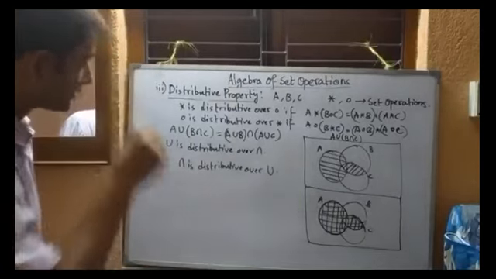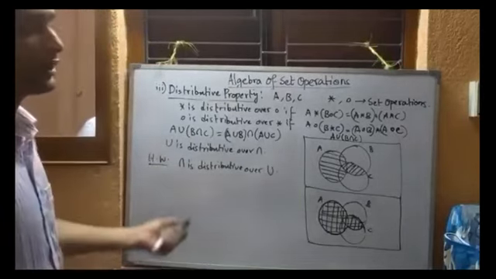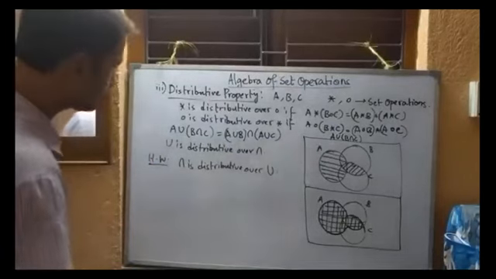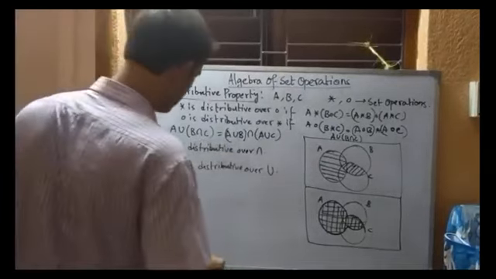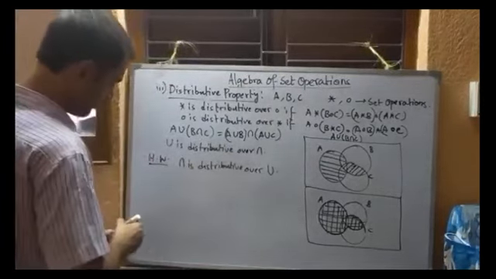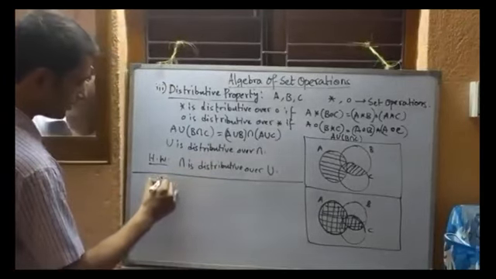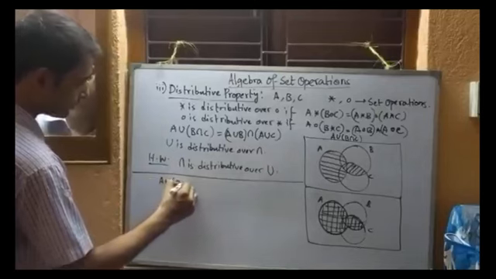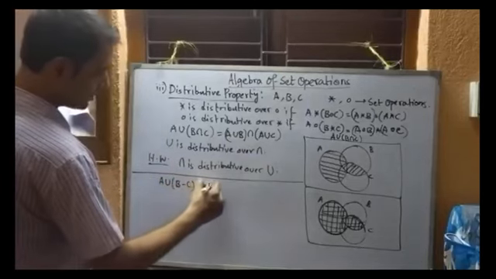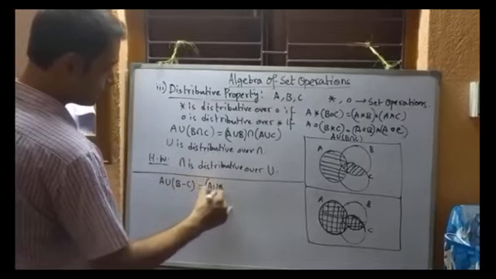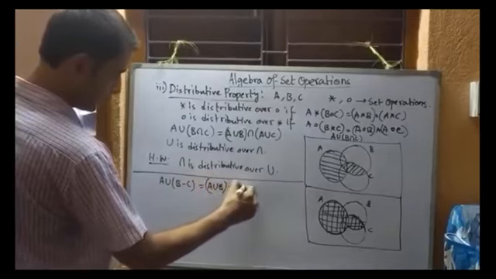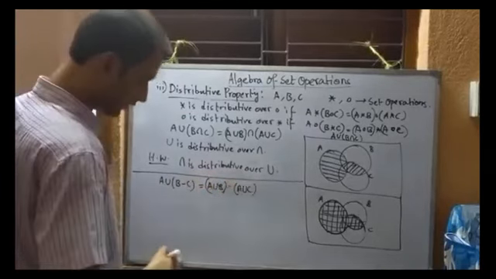Now let us consider the distributive property with union and set difference. So what we have to show? We have to verify whether A union B difference C is equal to A union B difference A union C. So let us verify.